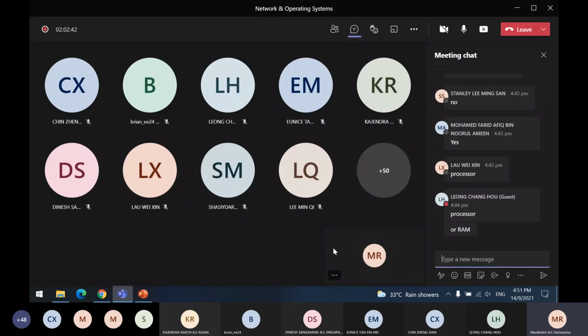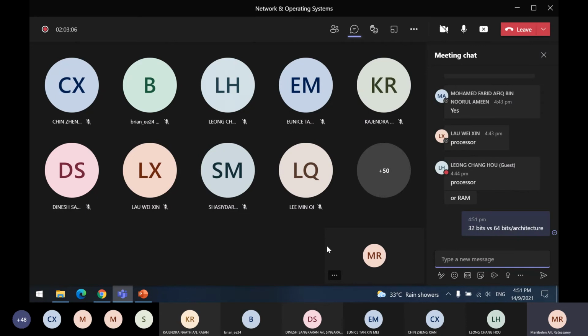You can ask your tutor if you're not very sure: what is the difference between 32-bit computers versus 64 bits? We call it architecture, isn't it? I'll ask you this question next week. What is the difference between 32 bits and 64 bits architecture?